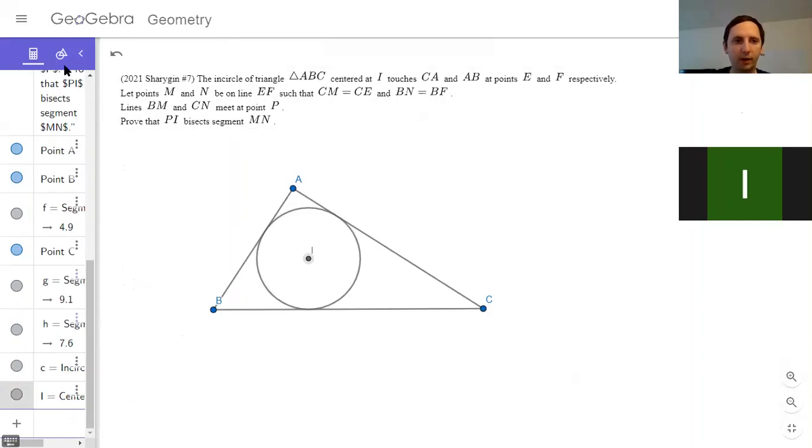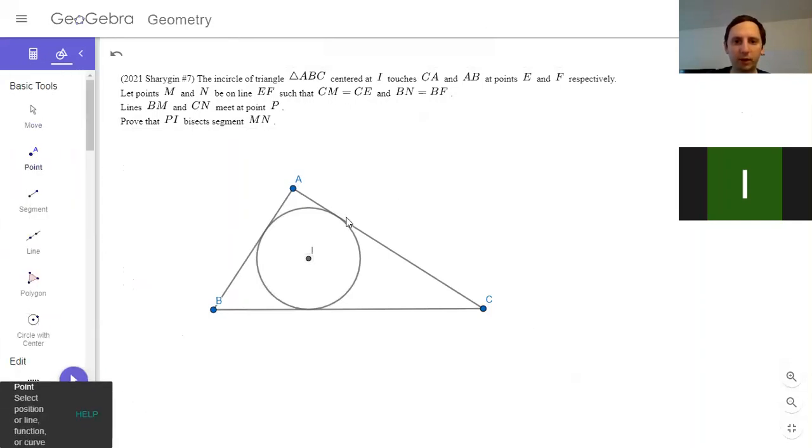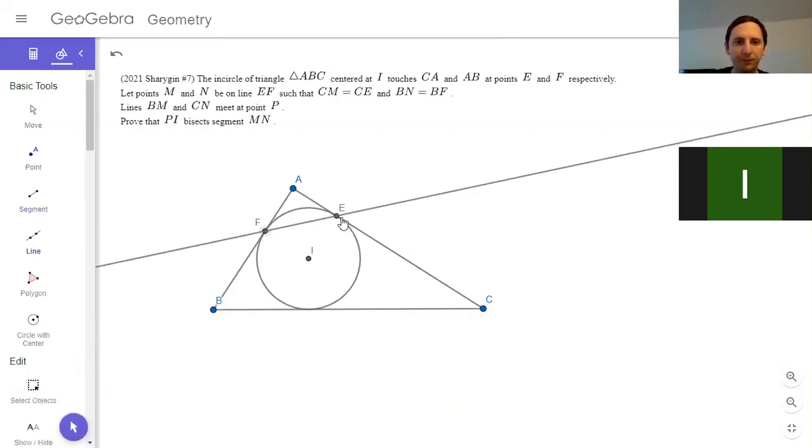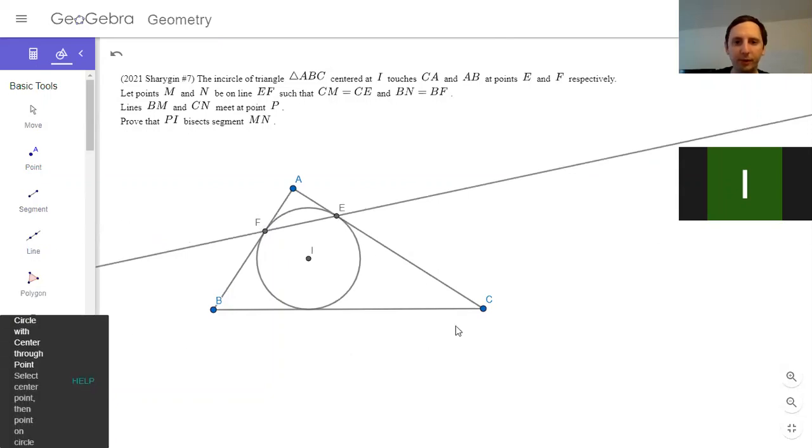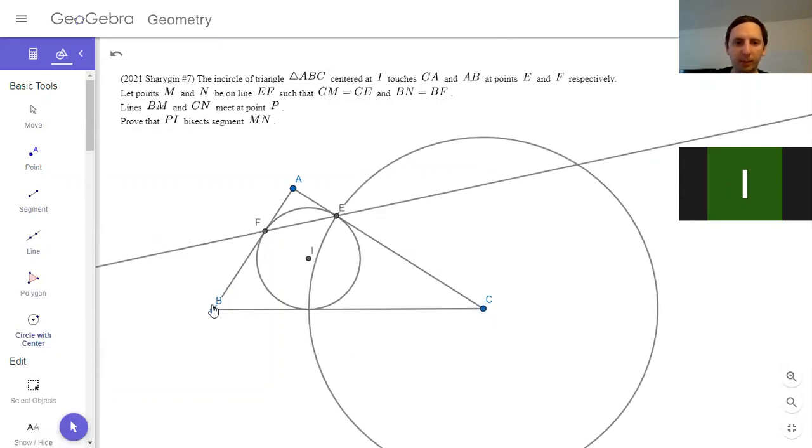Okay, so it's tangent at E and F. And then M and N are on EF. So CM is equal to CE, and BN is equal to BF. Okay.